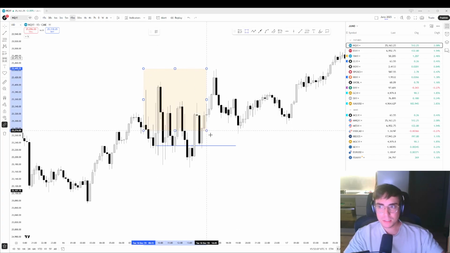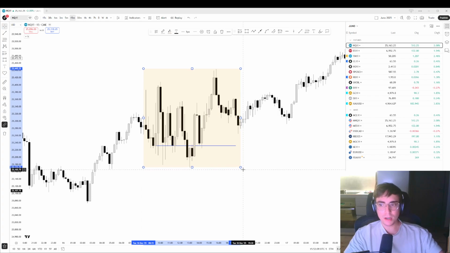What that means is when we have low volume, we can expect choppy price action. That doesn't mean that you cannot trade this price action.